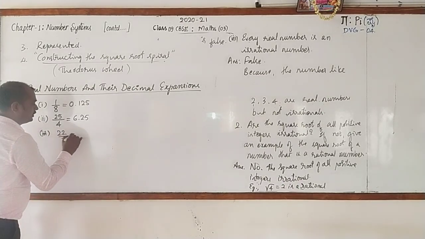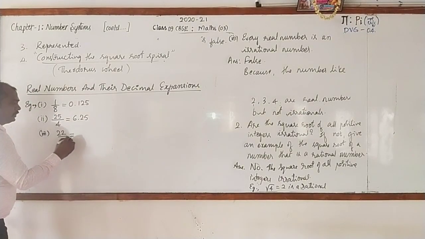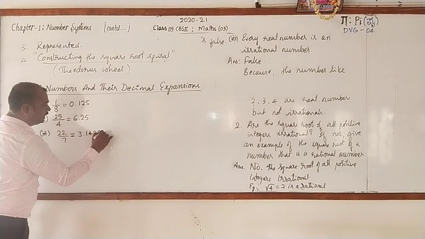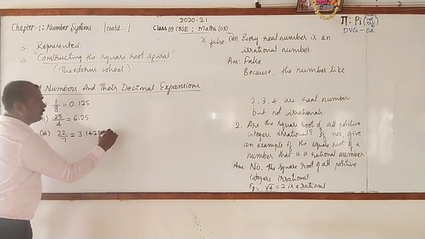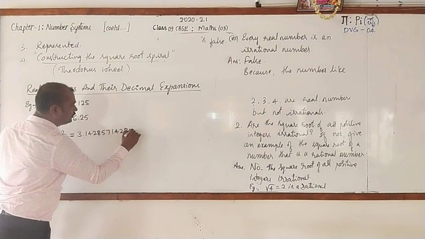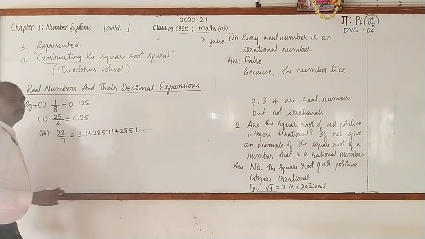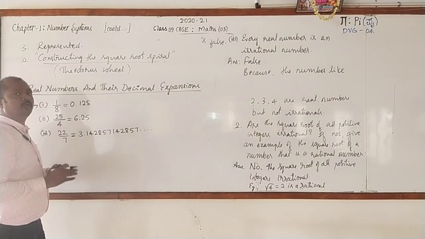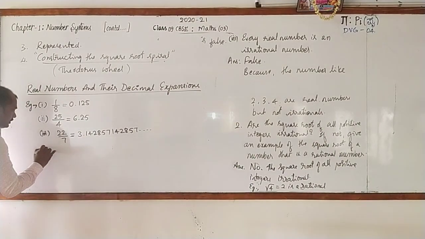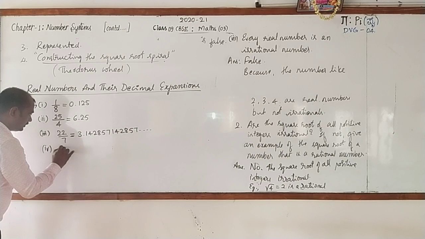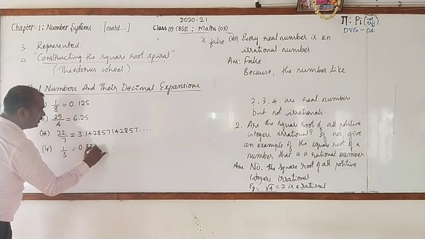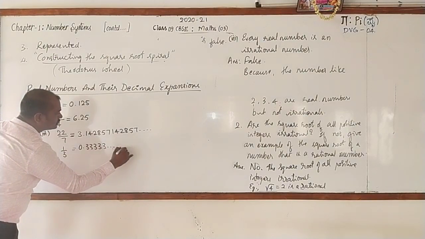Third one. You are very familiar with a rational number 22 by 7, which is the value of pi. On dividing 22 by 7, you will get 3.142857, 142857. If you go for actual division, you will get the numbers like this only, no doubt. Similarly, another one: 1 by 3 is 0.3333 and so on.